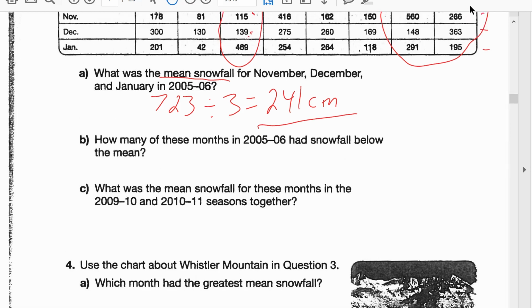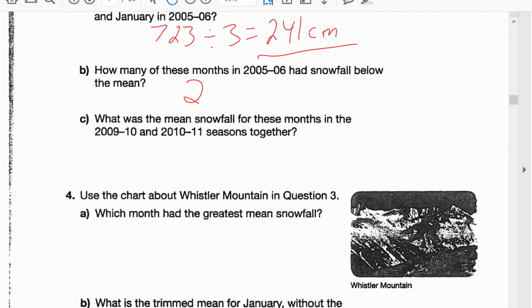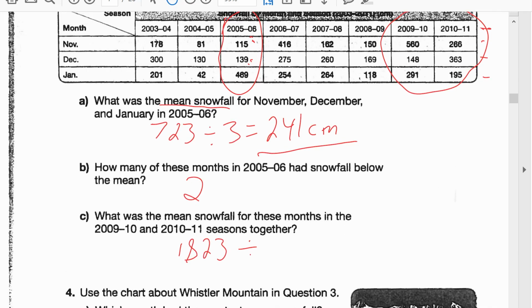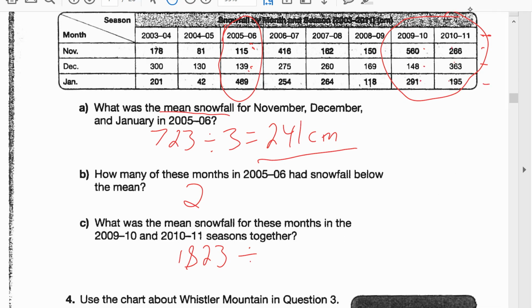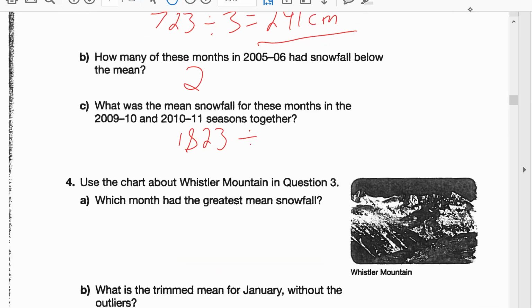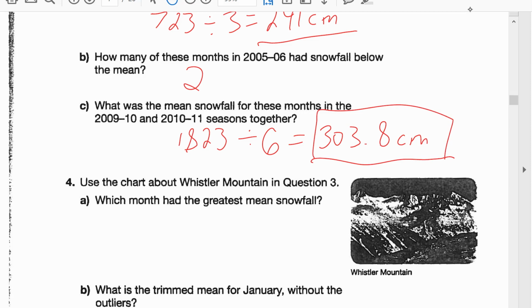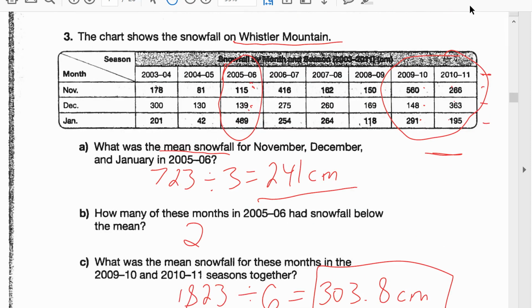Actually, I'll answer this one first. We add them together, and they got to be 1823, and we divide by 1, 2, 3, 4, 5, 6. Divide by 6 equals 303.8 centimeters. That's our mean for that data set up here.